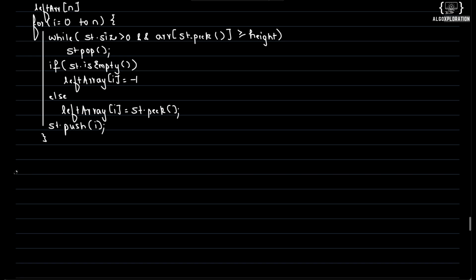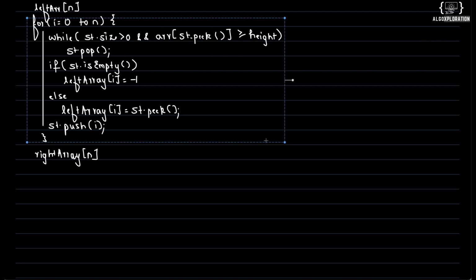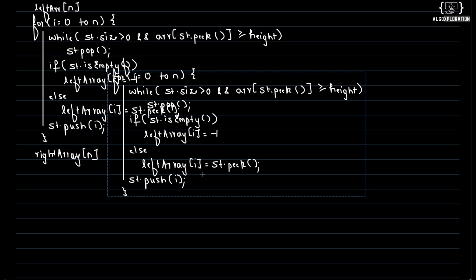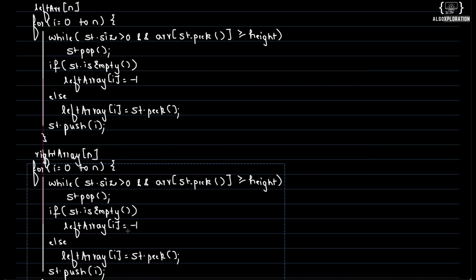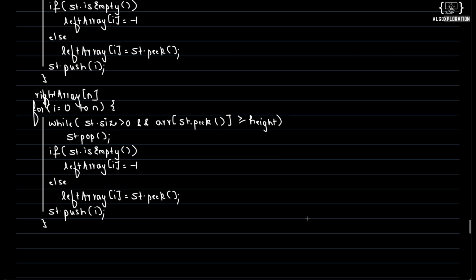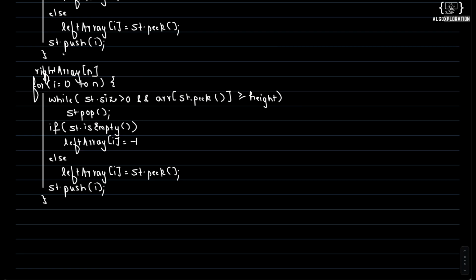Now similarly, without doing any change, I will be creating the right array. And the logic is pretty simple. That means pretty same. The only thing is that I need to come from right. So instead of coming from 0 to n, I will be coming from n minus 1 to 0.